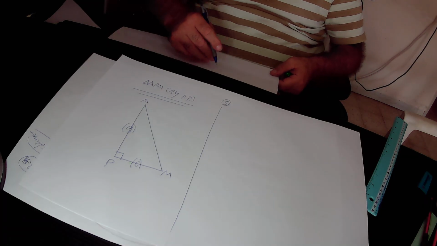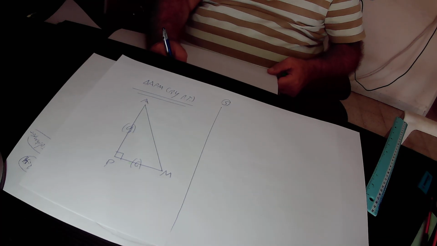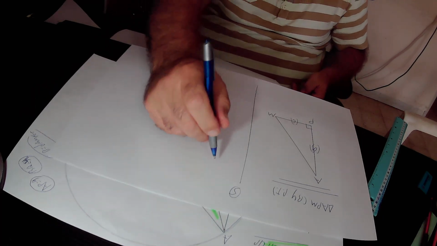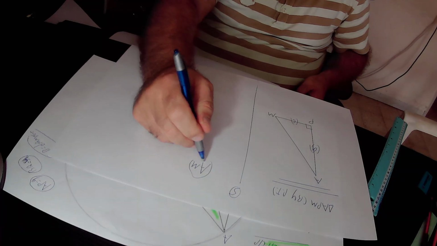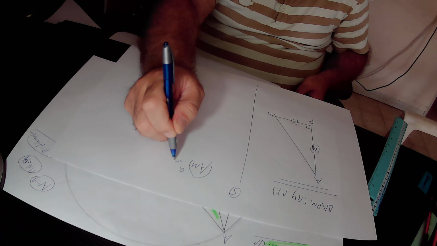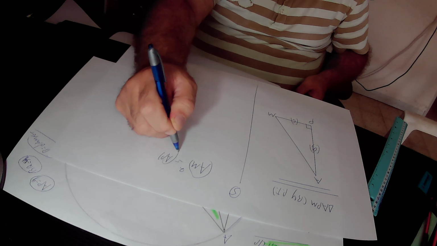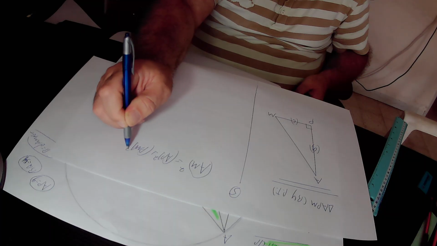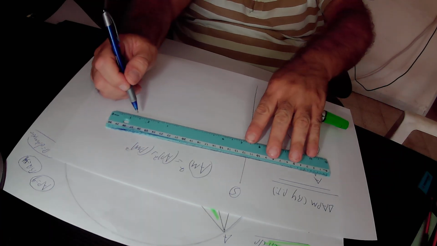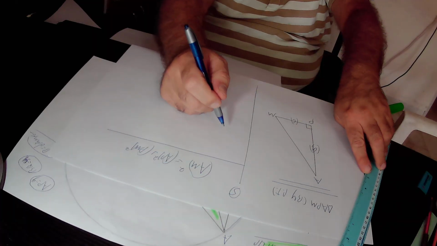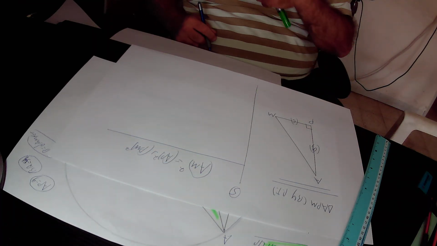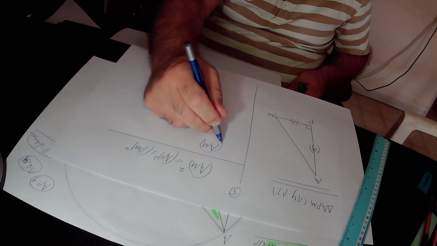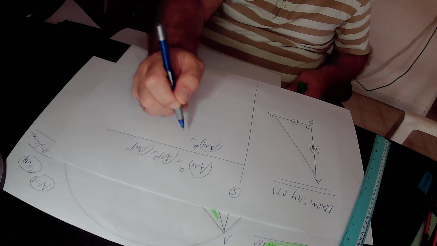So write it down. AM squared, that is the square of the hypotenuse, is equal to AP squared plus PM squared. The hypotenuse AM is the missing side, so we leave it as it is, so it is AM squared equals AP squared.